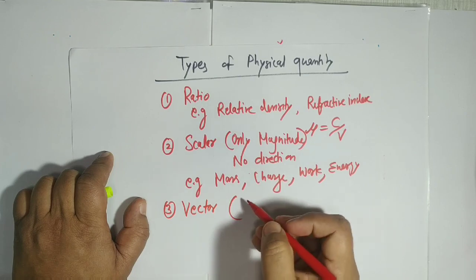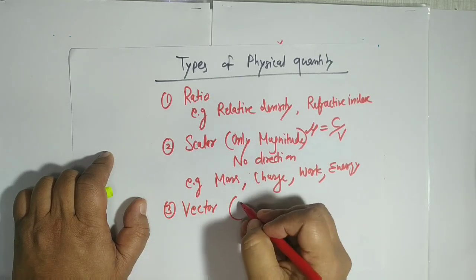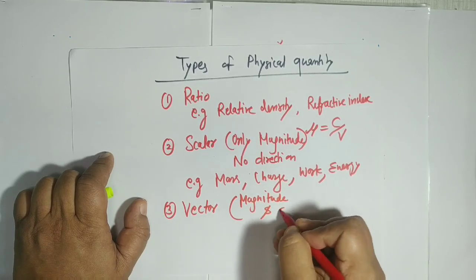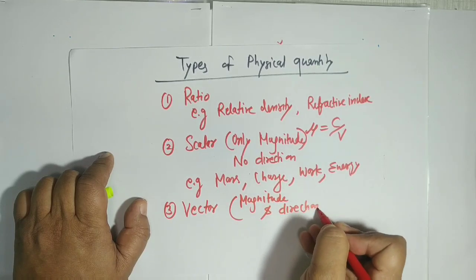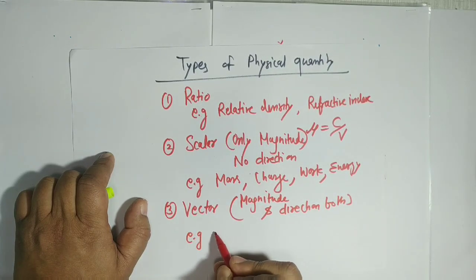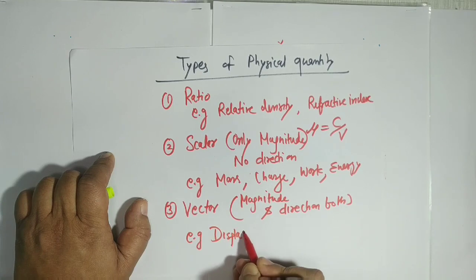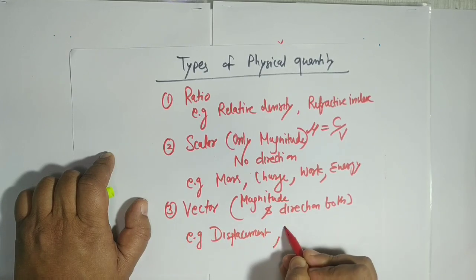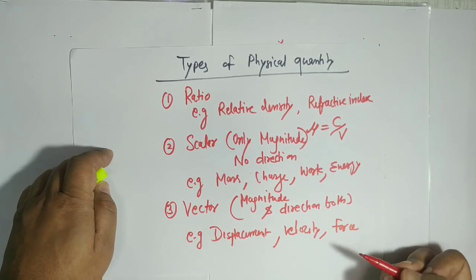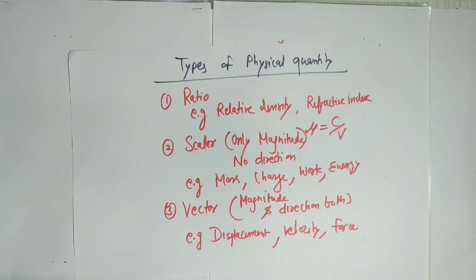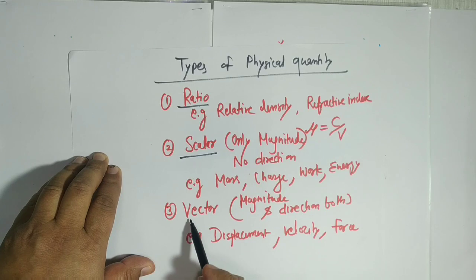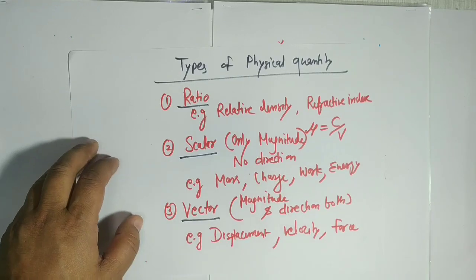We are going to go through this in detail later on, but a vector has both magnitude and direction. Examples are displacement, velocity, force. So what we see is some are in the form of ratio, some have no direction, some have both direction and magnitude.